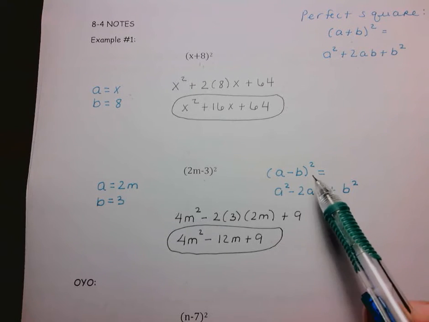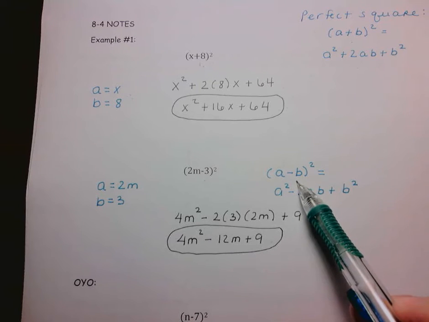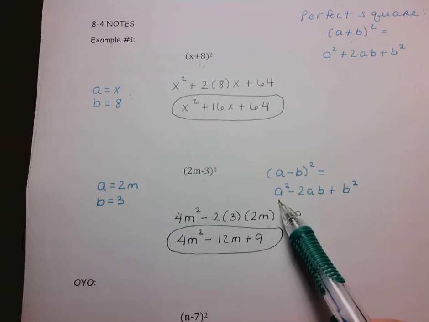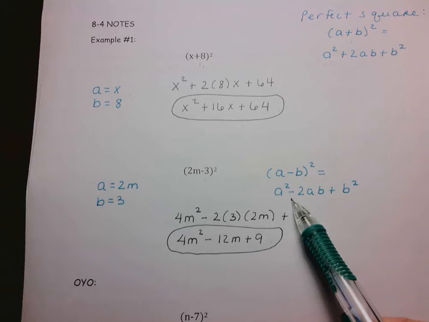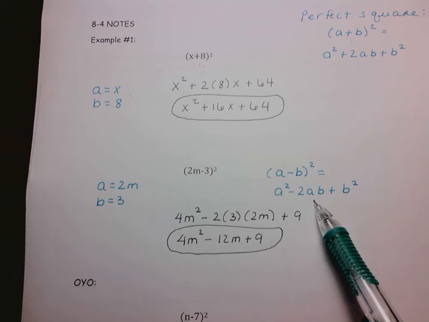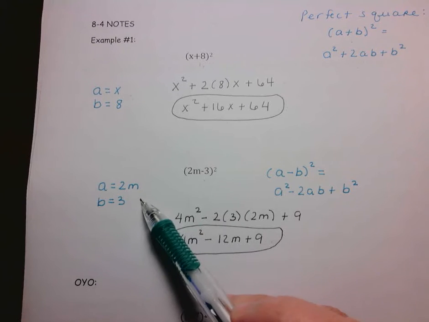So what happens when we have a minus b squared? You have to memorize this. When we have a minus b squared, that is the same thing as saying a squared minus 2ab plus b squared. So what's the a and what is the b? Here my a is 2m and my b is 3. Now be very careful. Your b here is not negative 3.